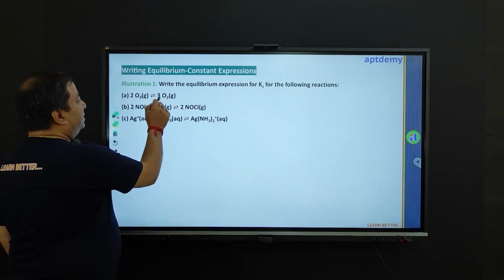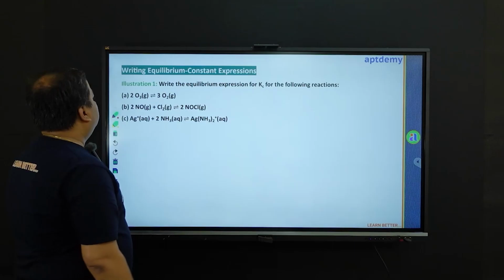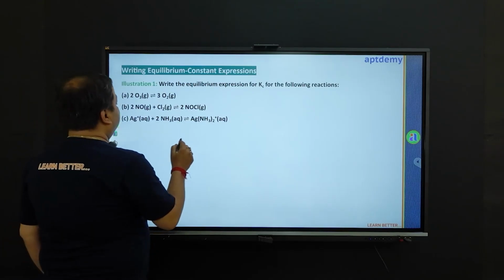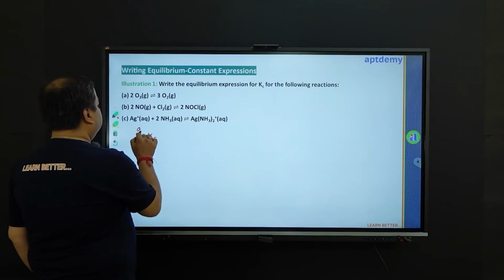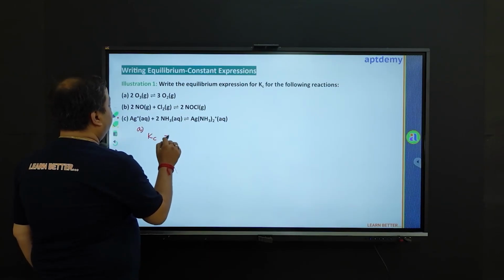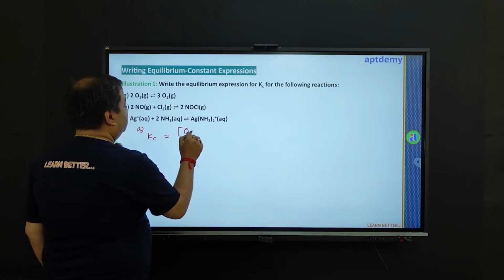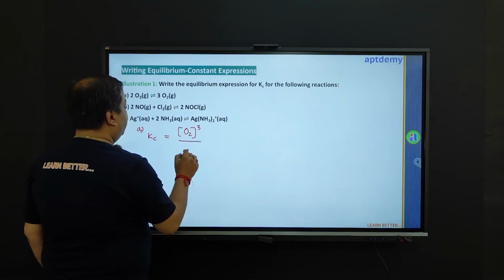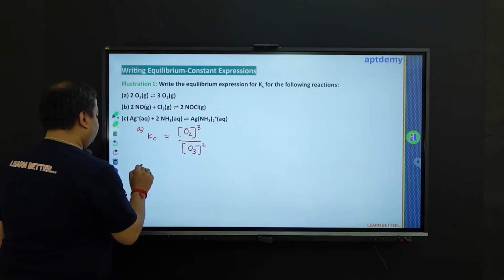So these are the products and these are the reactants. For A, Kc would be the concentration of oxygen raised to the power 3 divided by the concentration of ozone raised to the power 2.